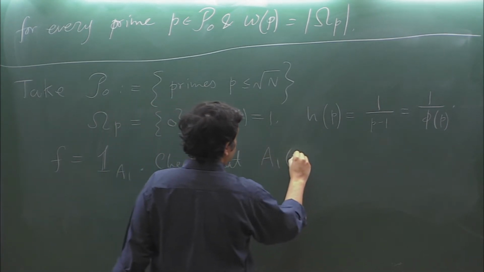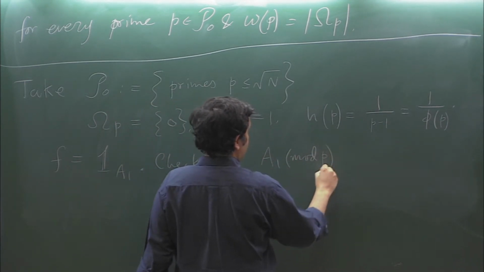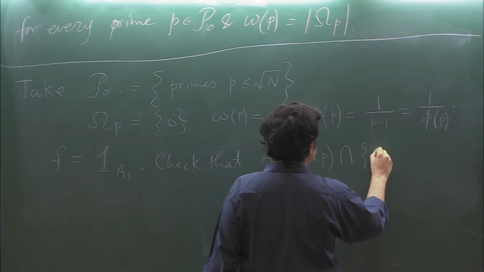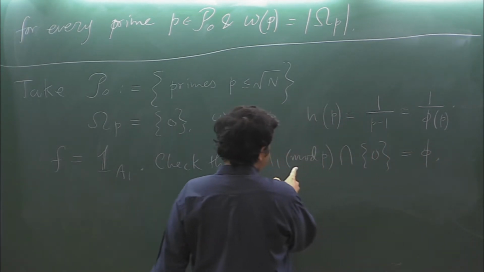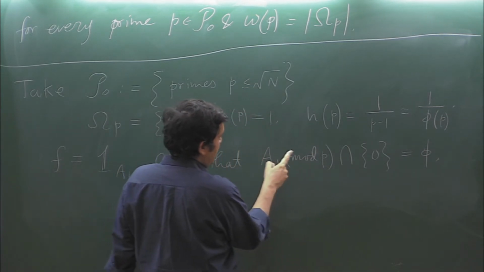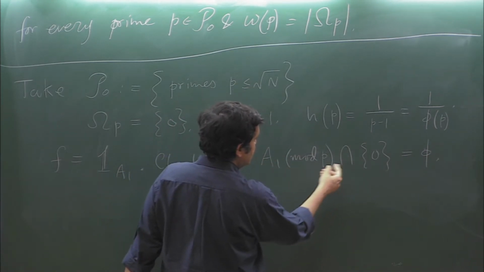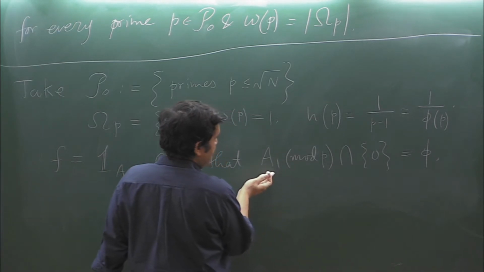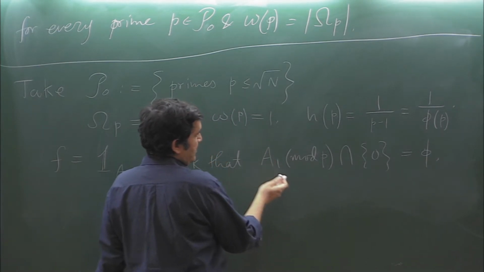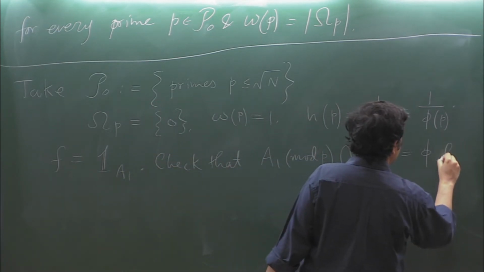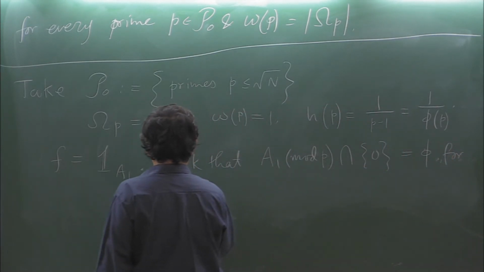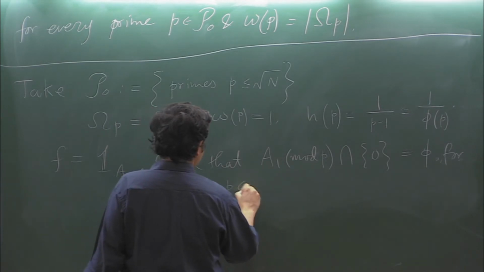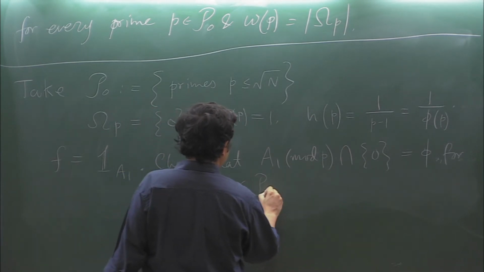A1 mod p intersection 0 is empty, which means that the elements of A1 modulo p should not be 0, which means p should not divide the elements of A1. So this should hold for every prime p belonging to P naught.